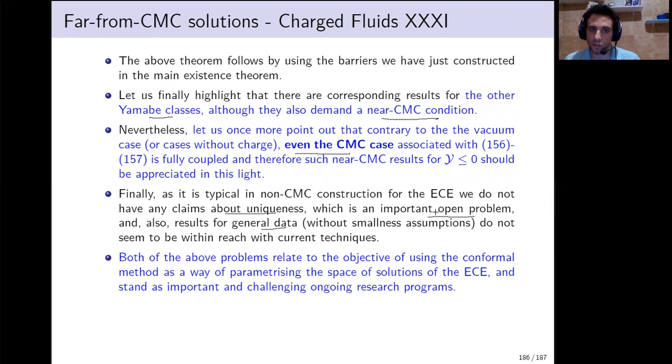And these kind of results don't seem to be attainable using current techniques, and this is part of an ongoing research program. And both these problems are related with the objective of using the conformal method as a way of parametrizing the space of solutions of the constraint equations. So they relate to ongoing research.